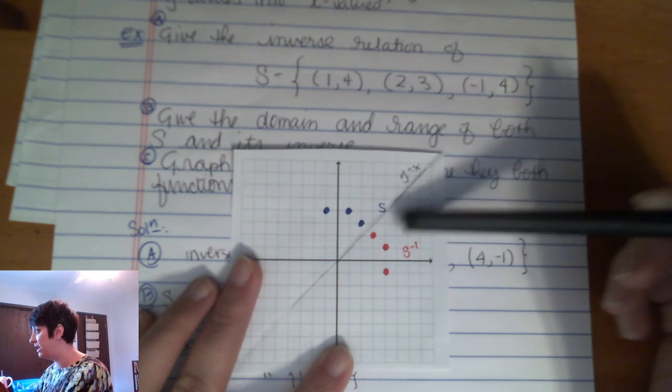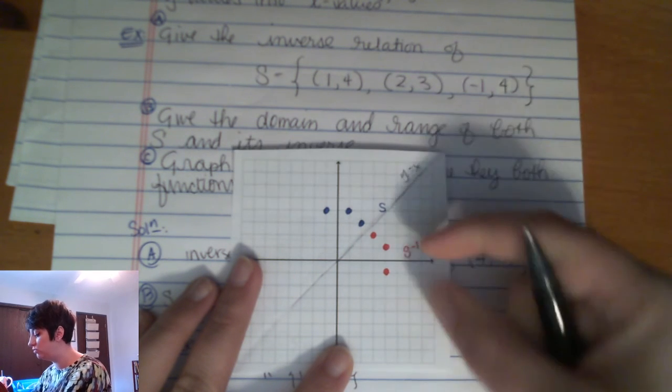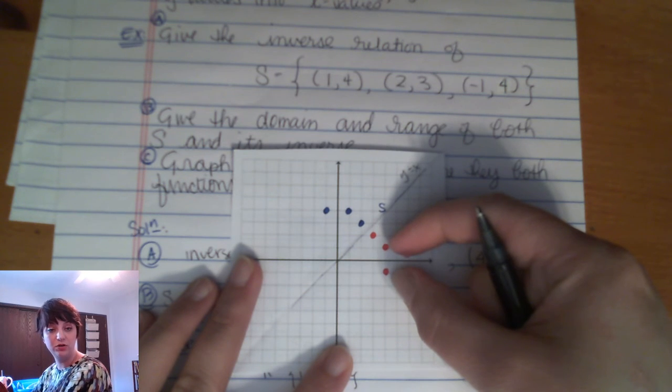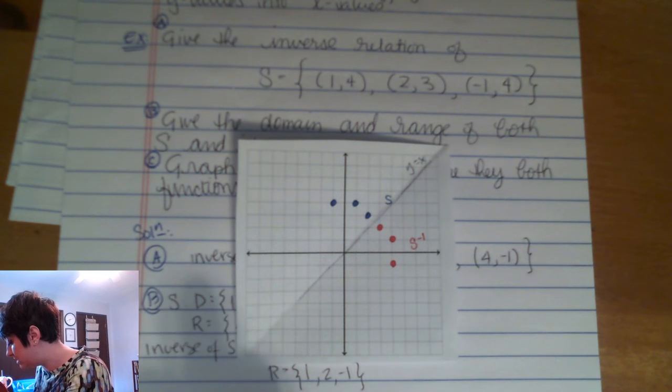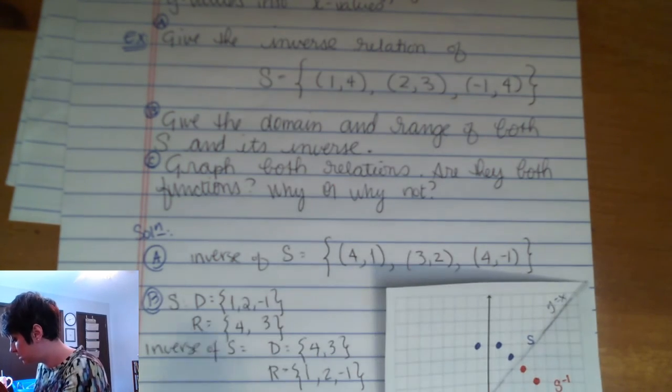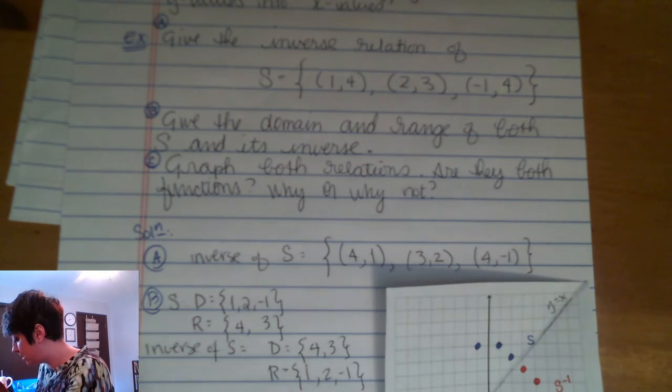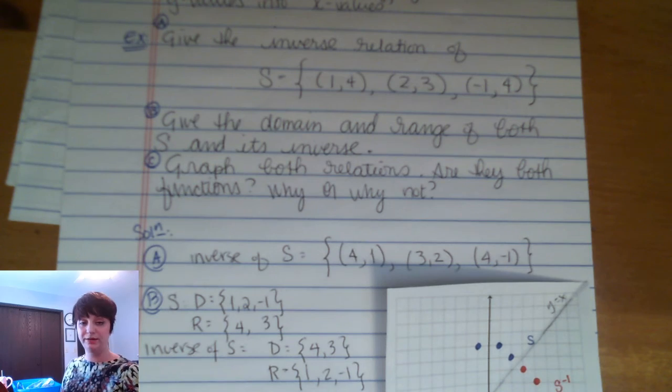However, my inverse function, here's 2 points that lie on a vertical line, so it's not a function. So S is a function, but the inverse is not, because of the points 4, 1 and 4, negative 1. So those are the problem, right?